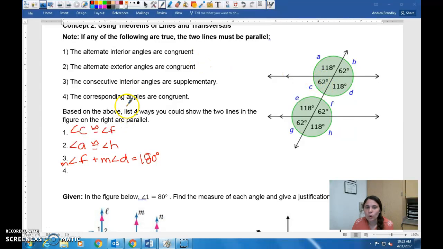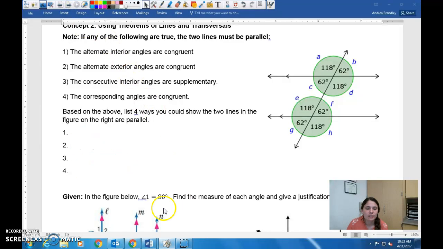And then if the corresponding angles are congruent, so let's say we look at A and E, they're corresponding. If angle E is congruent to angle A, then the two lines have to be parallel. So sometimes it's useful to show things in reverse. We know the angles, we don't know if the lines are parallel or not.